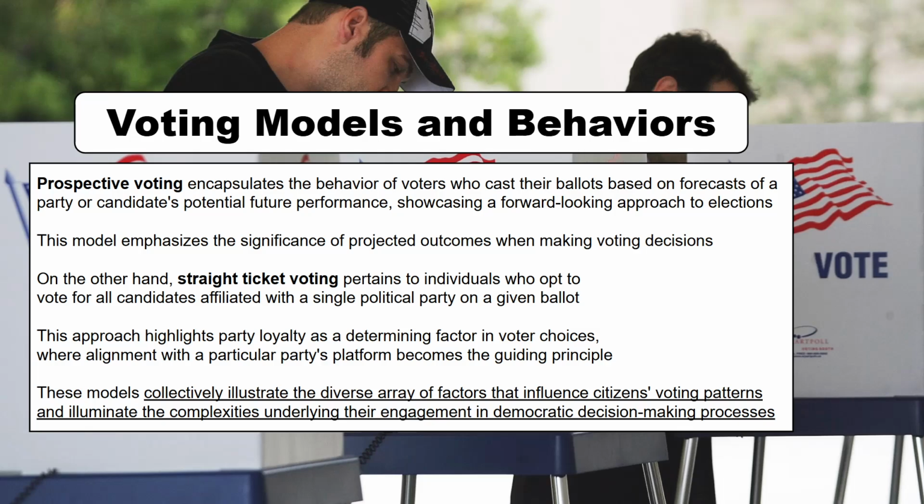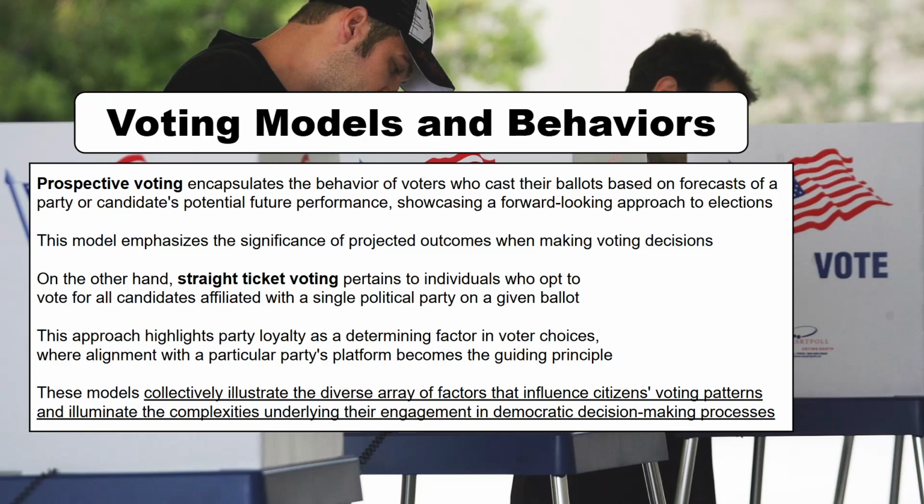All right. So on the other hand, we get straight ticket voting, right? This operates on a completely different logic. The voter isn't really evaluating individual candidates at all. They're expressing party loyalty. They pick a party and vote for every candidate affiliated with that party from top to bottom on the ballot, right?